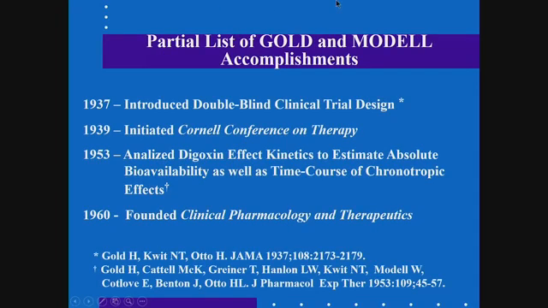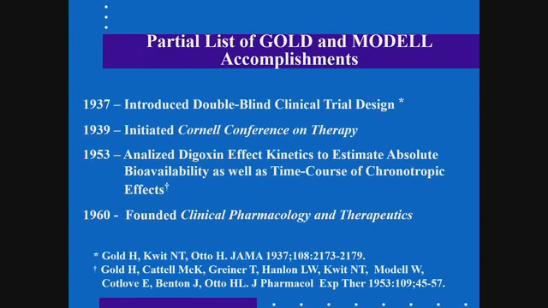And this is a partial list of their accomplishments and fundamental contributions, introducing the double-blind clinical trial design in 1937, initiating the Cornell Conference on Therapy a couple of years later, and in the early 50s, analyzing digoxin effect kinetics to estimate the absolute bioavailability as well as the time course of the chronotropic effects of digoxin.